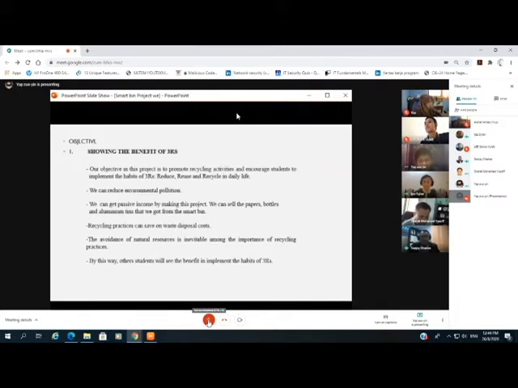Now this showing the benefit will relate to point number two, right? The awareness. When I go through your points here, in which area of your project does it really show awareness? How? That's my question. Because if you go to the polytechnic, you will see 3 bins: brown, blue, and green, and orange.